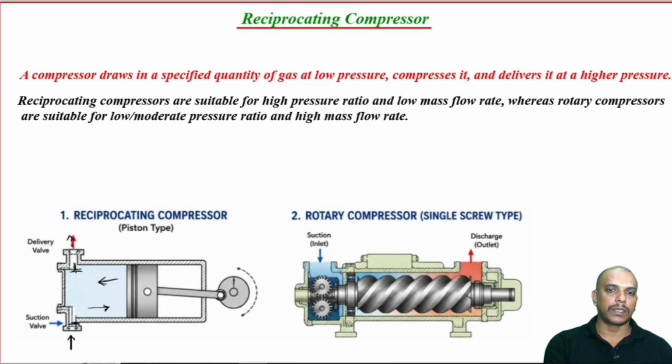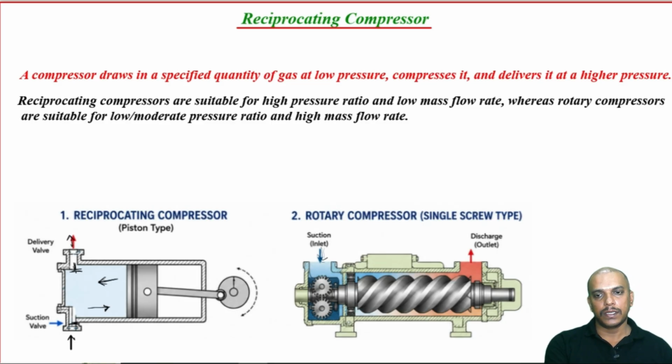Whereas, in a rotary compressor, this is unlike a reciprocating compressor, where what we will have is intermittent, pulsating type of flow, because during some part of the stroke you will not have the delivery, all right. During the suction stroke we will not have the delivery. Whereas in a rotary compressor it is a continuous flow, where there are no valves here. As the rotary compressor moves, continuous flow will be there from inlet to the outlet.